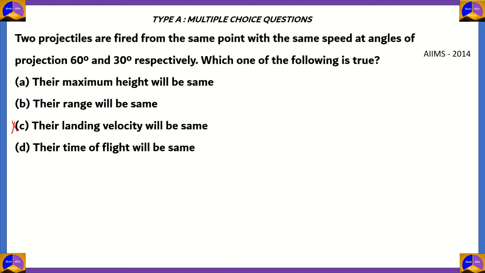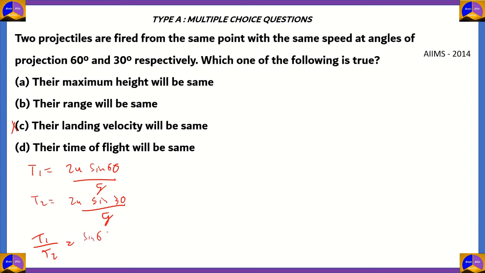Now, let's look at option D, their time of flight will be the same. What is the formula for time of flight? T is equal to 2u sine theta by g. So if we're taking the two scenarios, T1 will be 2u sine 60 divided by g. T2 will be equal to 2u sine 30 divided by g. So if you take the ratio, then you have sine 60 divided by sine 30.